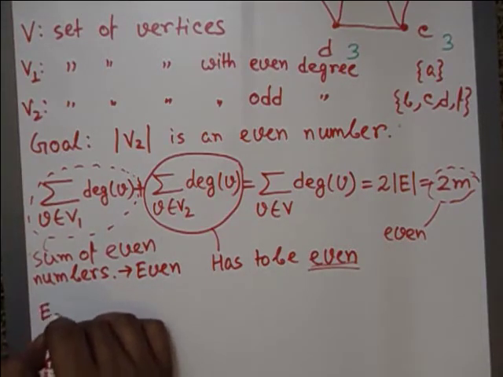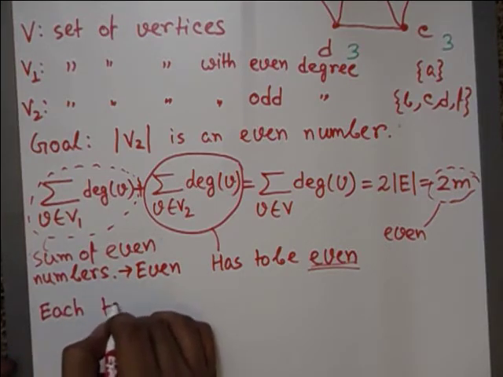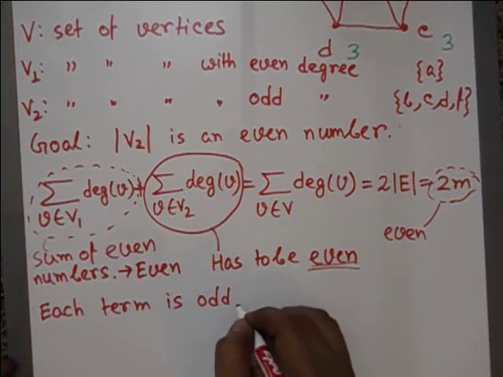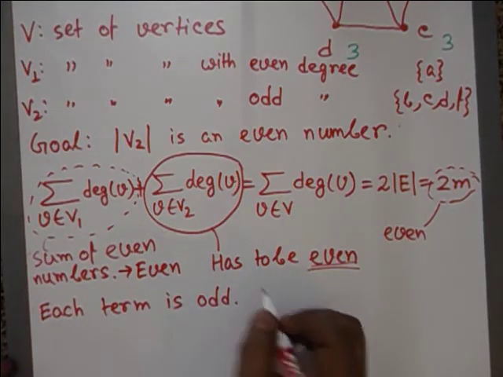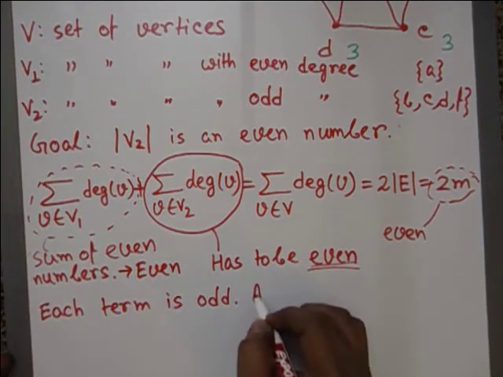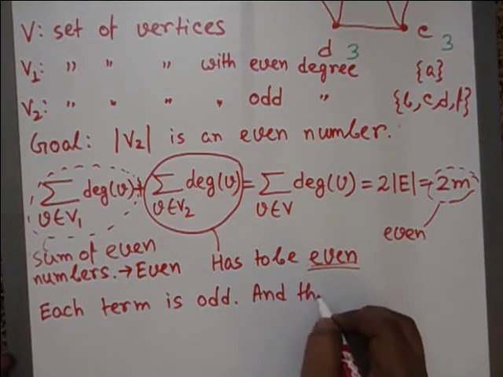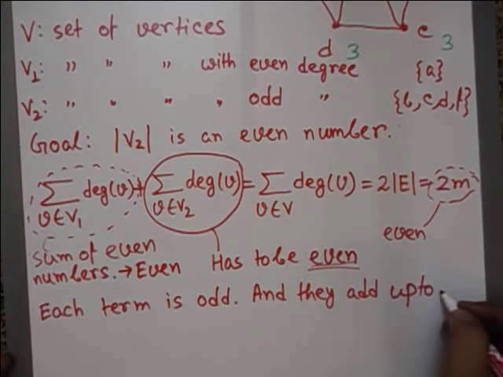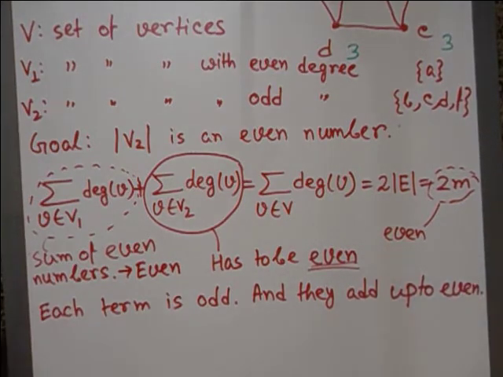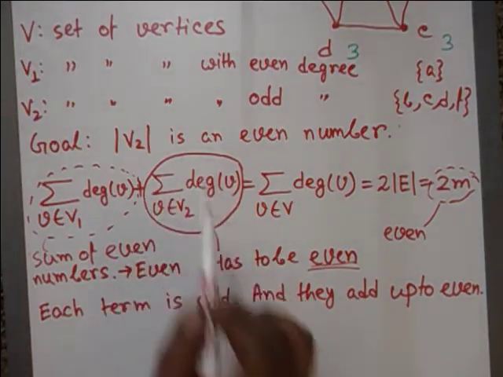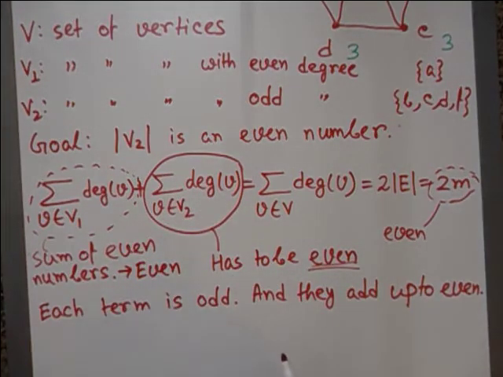Each term, each degree here, is odd, and they add up to even.